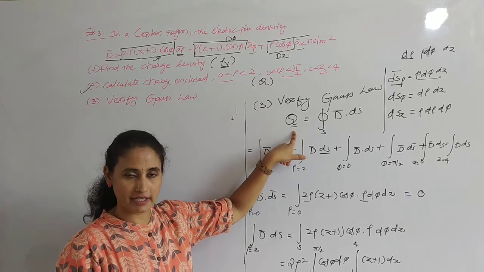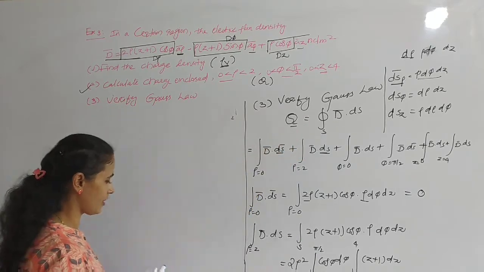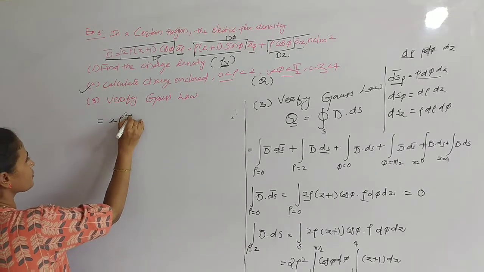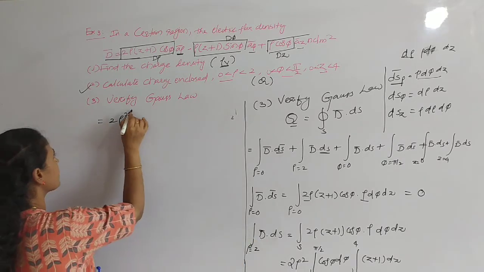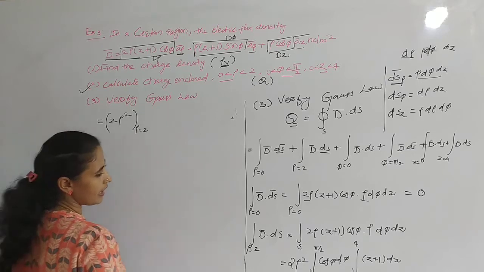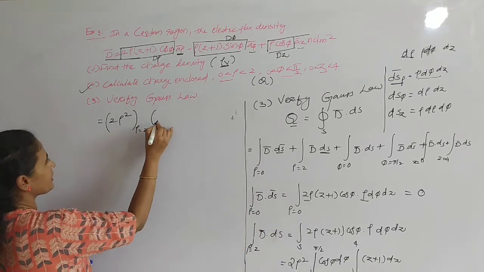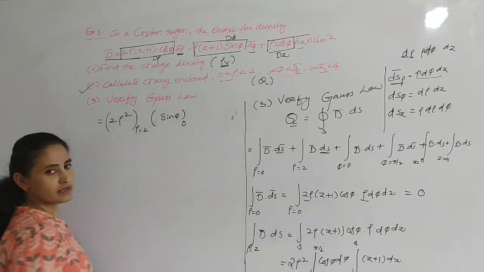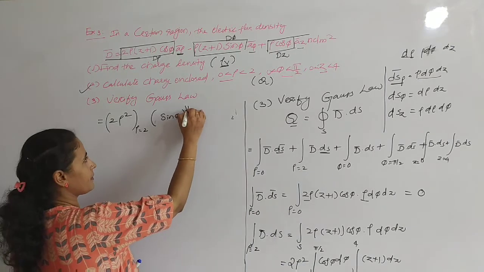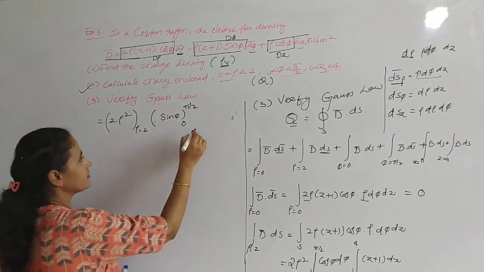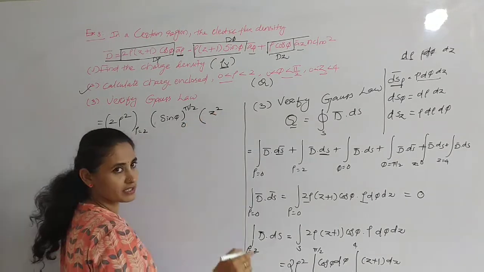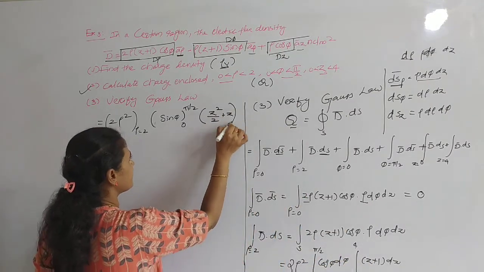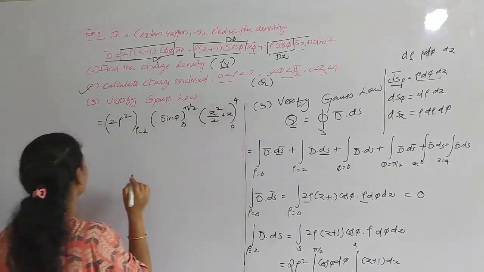So this is the second part, which gives 2 rho square, where the value of rho is 2, and the integration of cos phi is sin phi, with limits from 0 to pi by 2, and the integration of z plus 1 is z square by 2 plus z, with limits from 0 to 4.